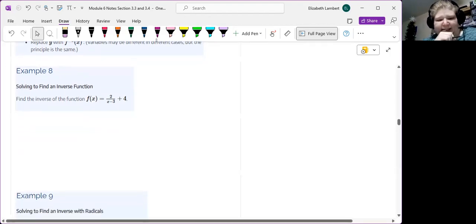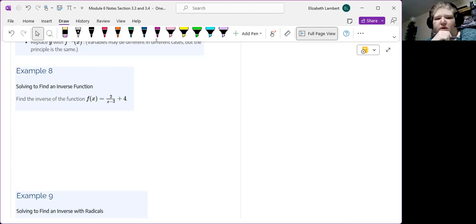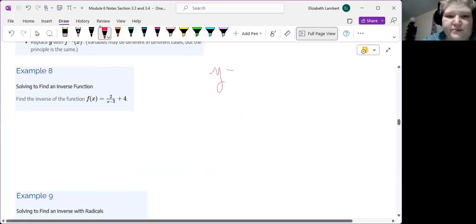So example 8 is a very disgusting fraction, and it wants us to solve and find the inverse. All right, so I would like to have notation that's not f of x, so that's why our first step is trade that out for a y. So y is 2 over x minus 3 plus 4.